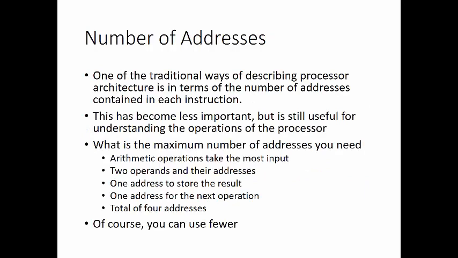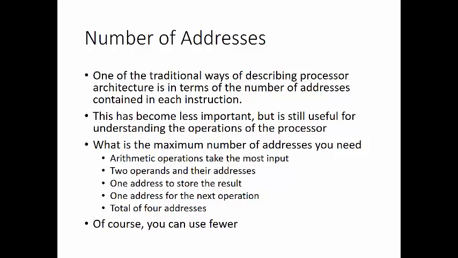So one of the traditional ways of describing processor architecture, and this has been a long time, is the number of addresses contained in each instruction. And it's become somewhat less important in terms of describing architecture, but it's still useful in understanding the operations of the processor. So what's the maximum number of addresses that you need?